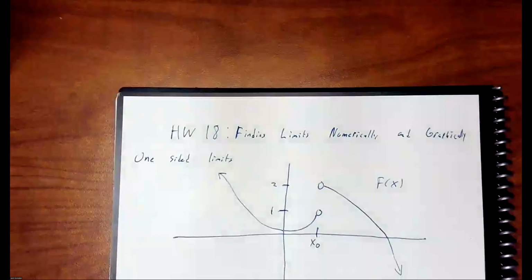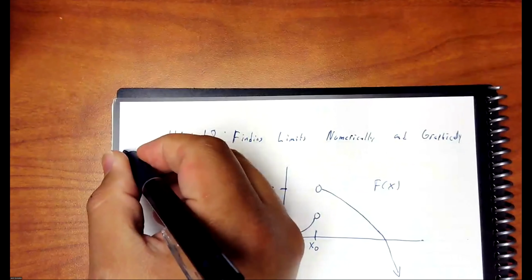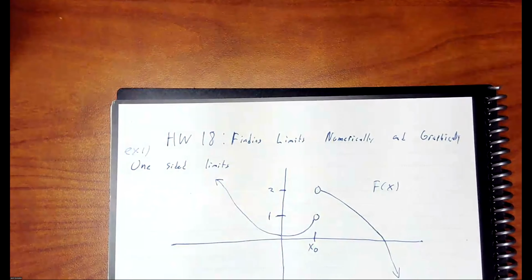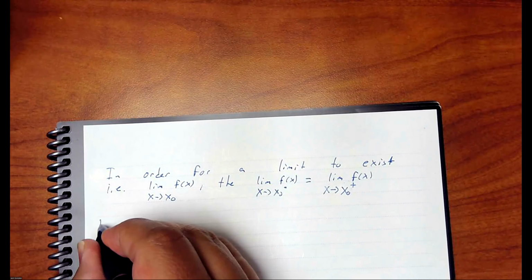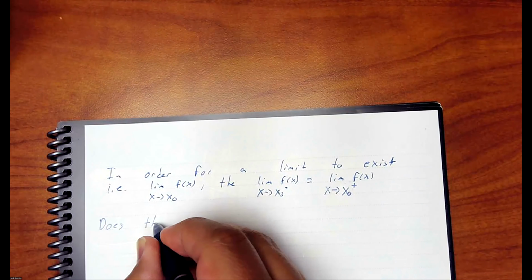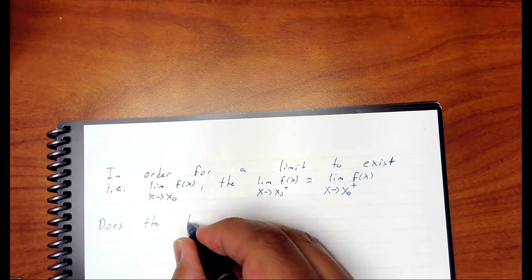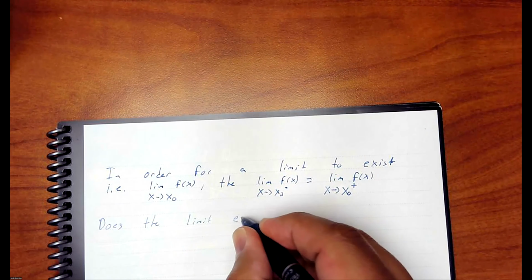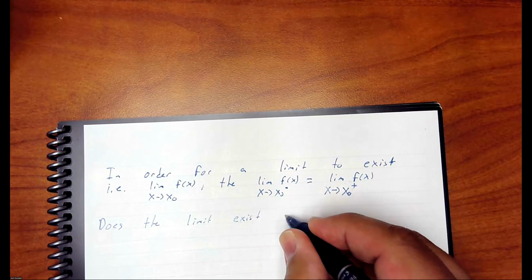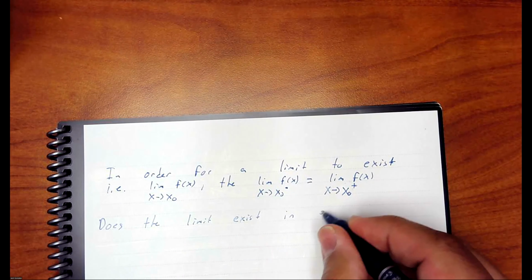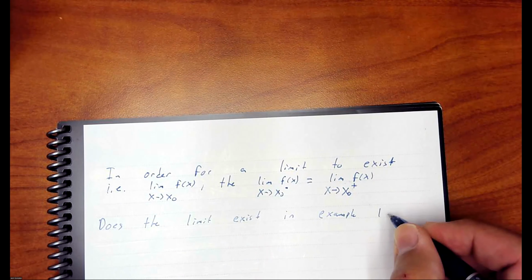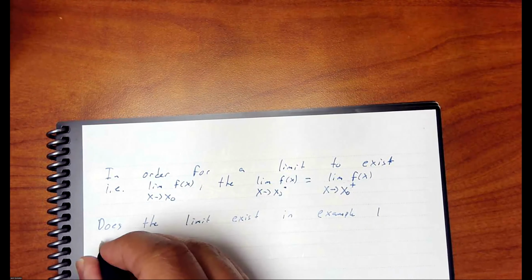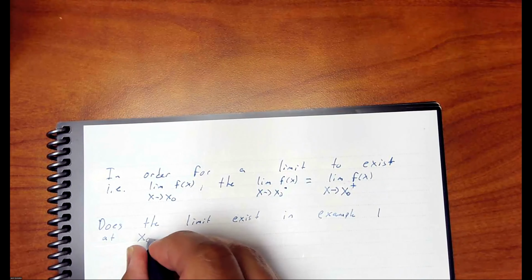So we'll call this example 1, I guess. So the question is, does the limit exist in example 1 at x naught?